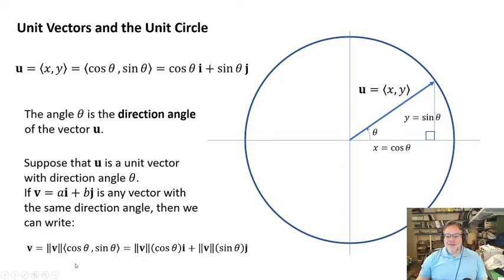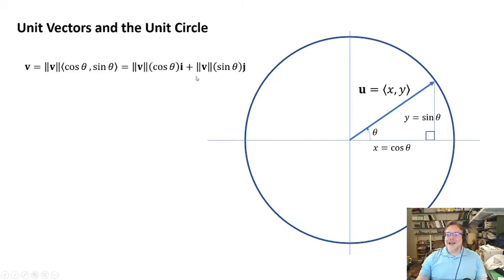If we multiply those things together, we can get v here. We can also express this in terms of a linear combination of i and j. So it's cosine theta times the magnitude of v here. Once again, this cosine theta and sine theta get the direction of the vector right, and this gets the magnitude of the vector right, doesn't it?